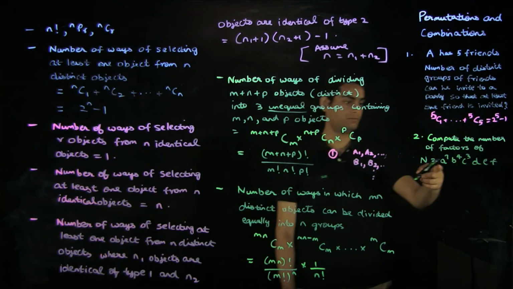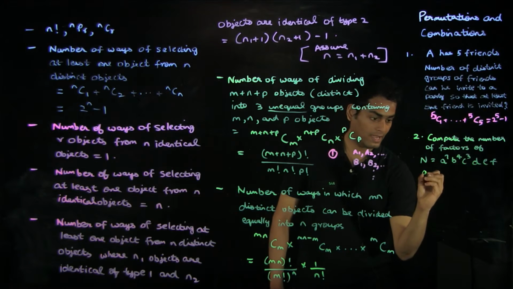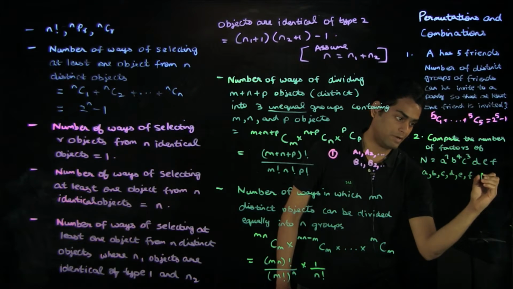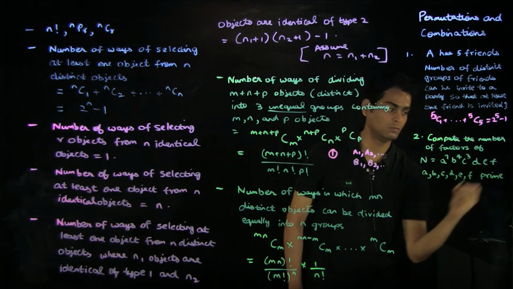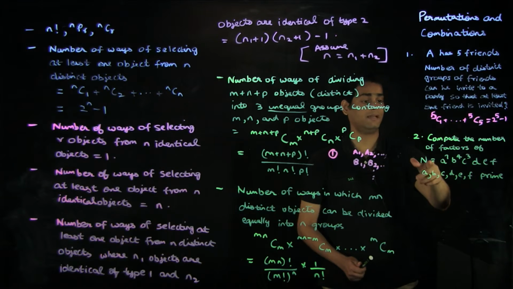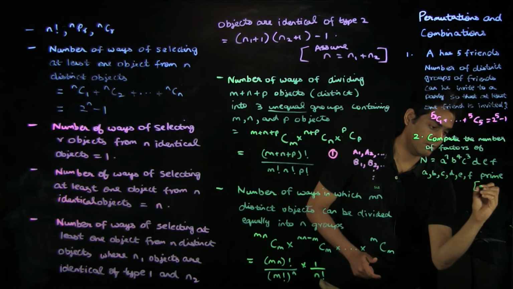So n is this product of these numbers raised to these exponents, and a, b, c, d, e, and f are prime numbers. So you're required to compute the number of distinct factors of this number, and you can assume that a, b, c, d, e, and f are all distinct.